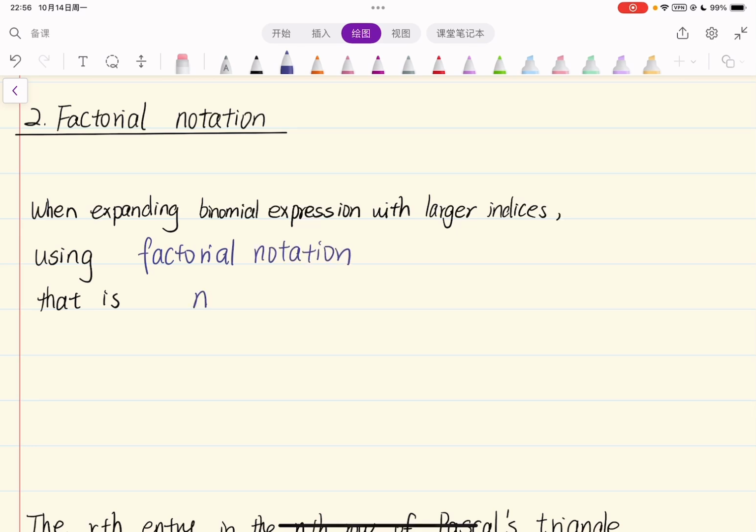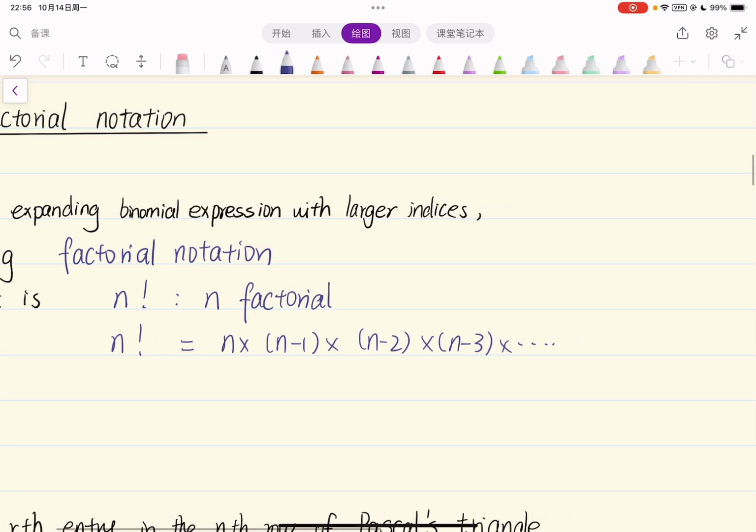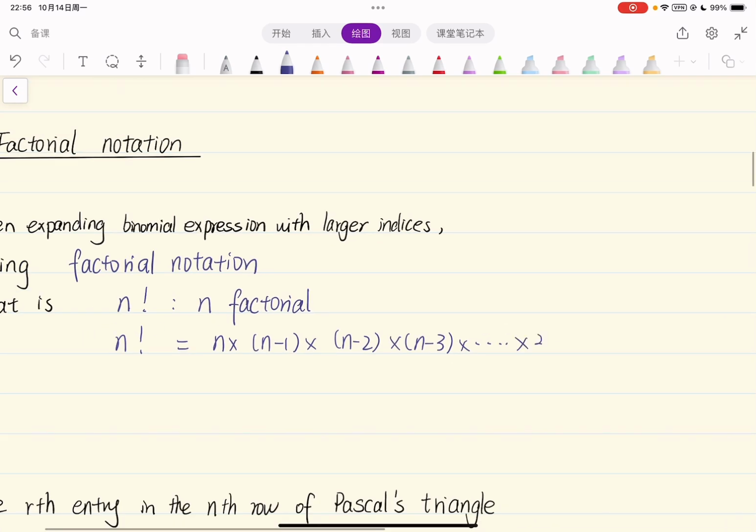That is n factorial. It means that n factorial equals n times (n minus 1) times (n minus 2) times (n minus 3) times so on, times 3 times 2 times 1.